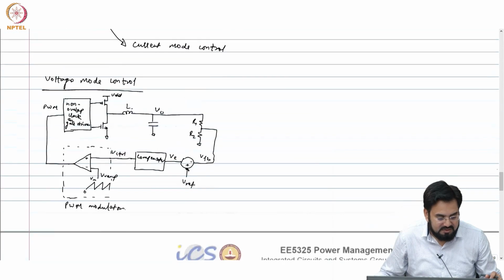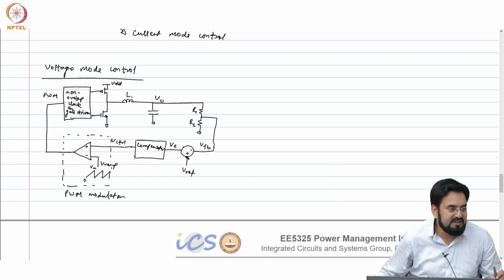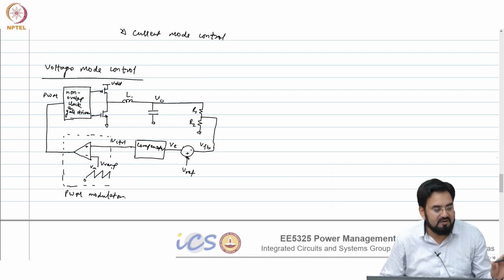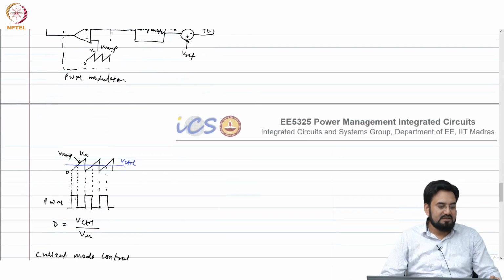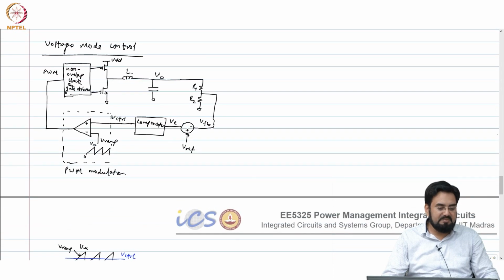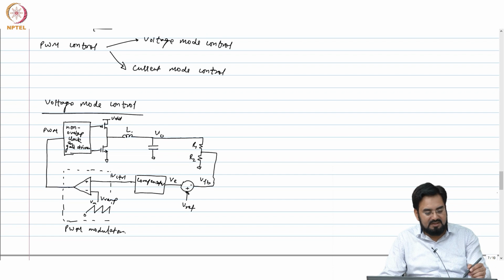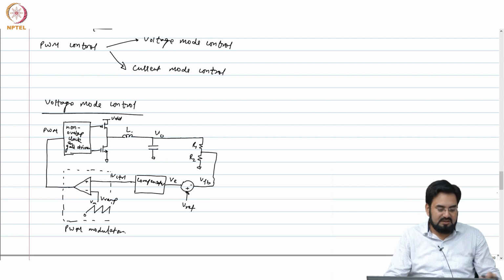When we analyze the small signal and everything, we will do it for voltage mode control, and we will talk about current mode in more detail later, because for understanding purposes voltage mode is better. The compensation is a little more complex here, because you use type 1, type 2, type 3, three different types of compensator.